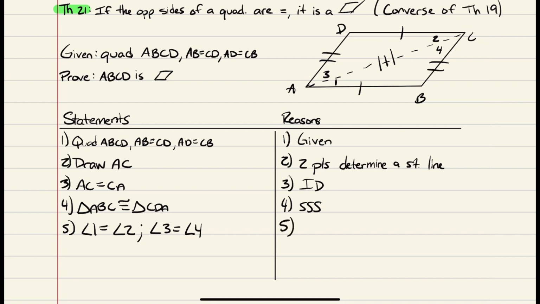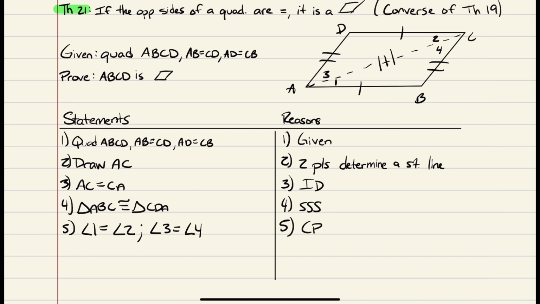It's the same reason, but we have to be careful that we are looking at the right lines to be able to say this. We have parallel lines here, but we can't say they're equal because of parallel lines. We've said that this triangle is congruent to this triangle, and so we can say this because of CPCTE.